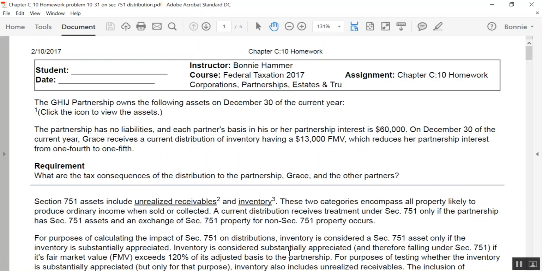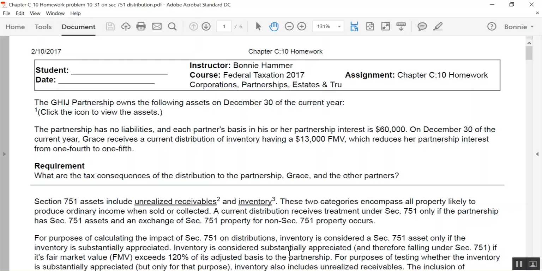What it tells you about 751 is that when you have a current, non-liquidating distribution, you're only going to have 751 treatment if the partnership has 751 assets and also non-751 assets, and there is deemed to be an exchange of 751 property for non-section 751 property.